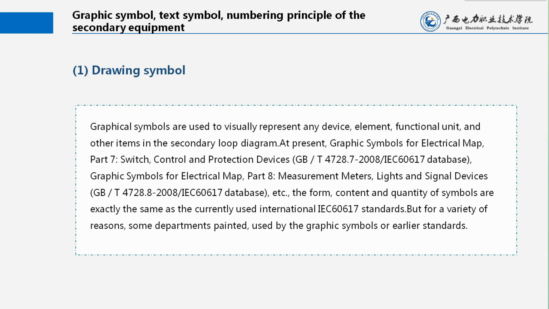At present, graphic symbols for electrical map, Part 7, switch, control and protection devices, GB/T4728.7-2008/IEC 60617 database, graphic symbols for electrical map, Part 8, measurement meters, lights and signal devices, GB/T4728.8-2008/IEC 60617 database, etc. The form, content and quantity of symbols are exactly the same as the currently used International IEC 60617 standards, but for a variety of reasons, some departments still use graphic symbols from earlier standards.